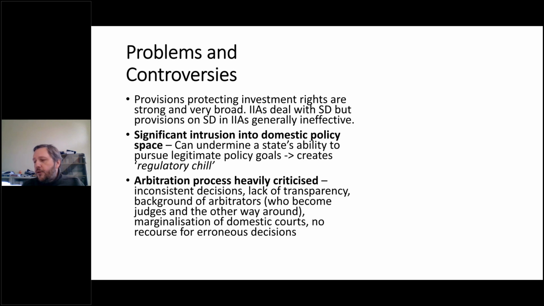A third issue relates to the background of arbitrators in an ISDS panel, and there's a criticism that it's a very close group of people who are sometimes judges, sometimes lawyers in front of a tribunal, who know the ins and outs of all these investment agreements.